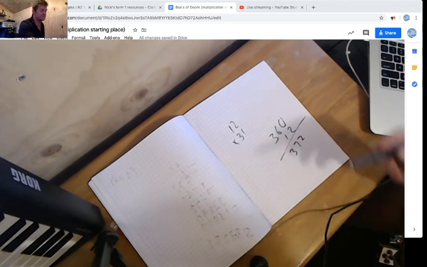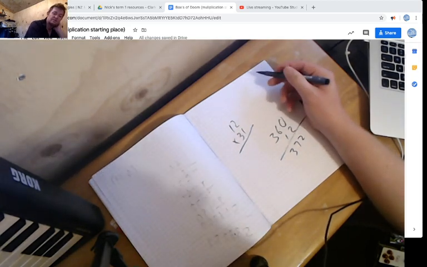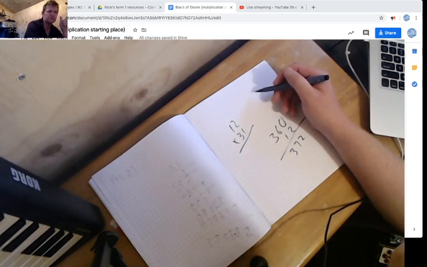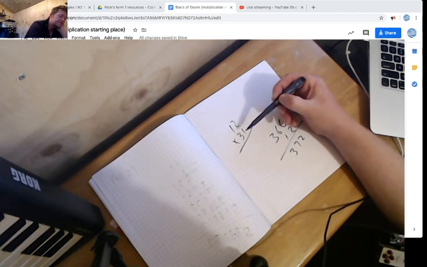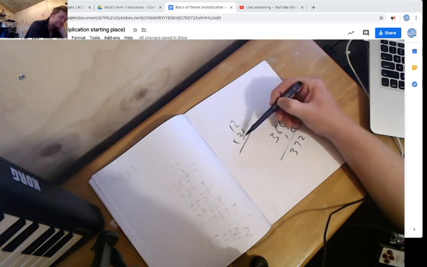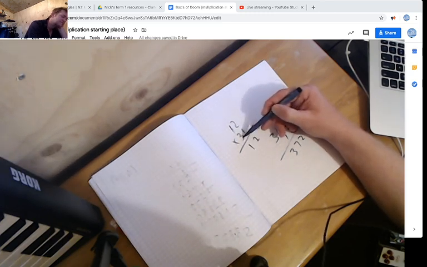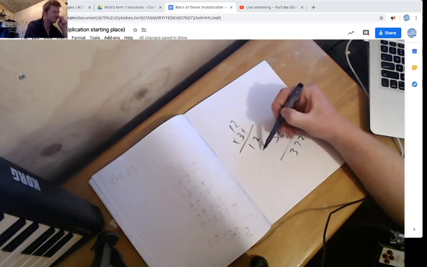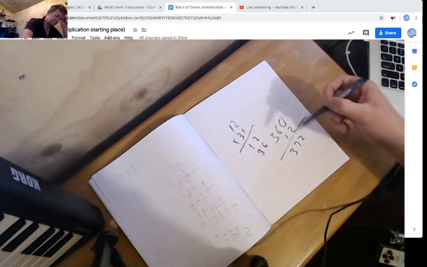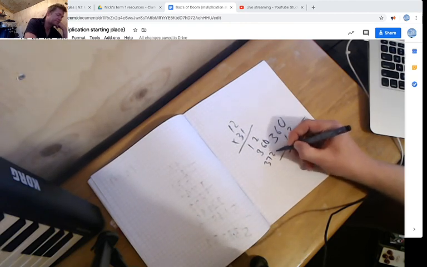So what I did is, I know my 12 times tables, 12, 24, 36, 48, etc. Instead of doing this properly, 1 times 2 is 2, 1 times 1 is 1, 3 times 2 is 6, 3 times 1 is 3, oops, forgot to add that 0 here, and then adding them together, 372.